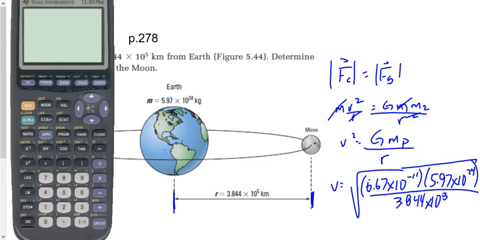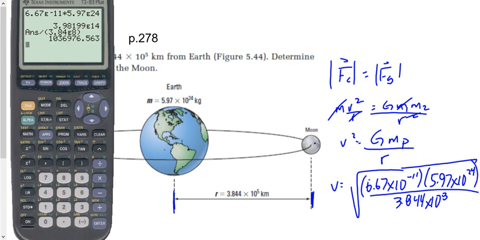Let's figure this out now. 6.67 times 10 to the negative 11 times 5.97 times 10 to the 24, divided by 3.84 times 10 to the 8. It's in meters, remember.